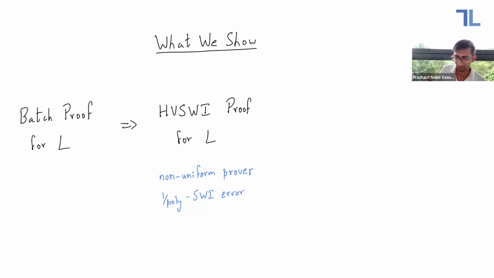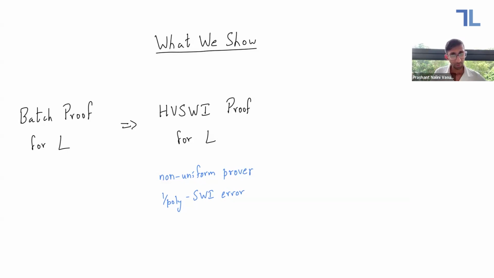Right? Maybe you can construct some pathological language that has one but not the other, but at least in the sense of getting a qualitative idea of what kinds of languages have these proofs, these two don't matter as much. So if the question you're trying to answer is what languages should I believe have batch proofs, then one of these is as good as the other.